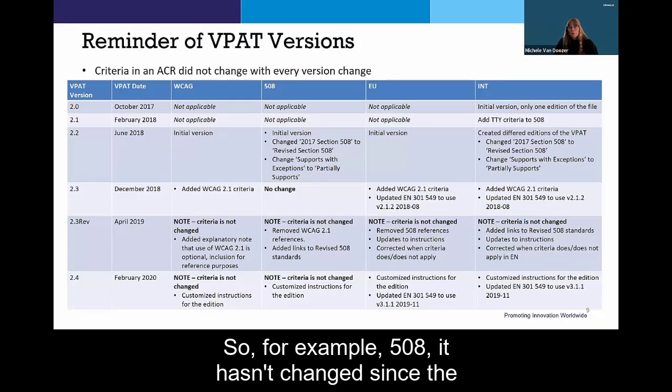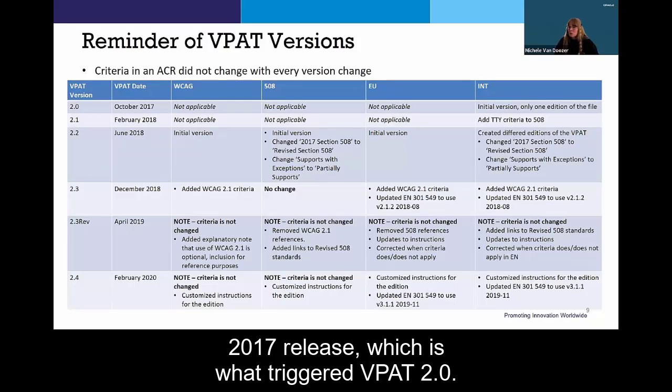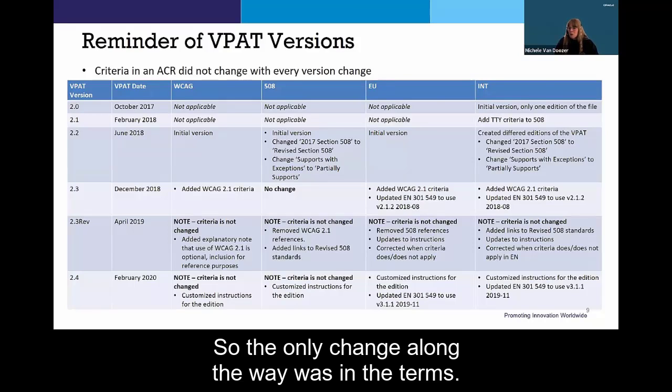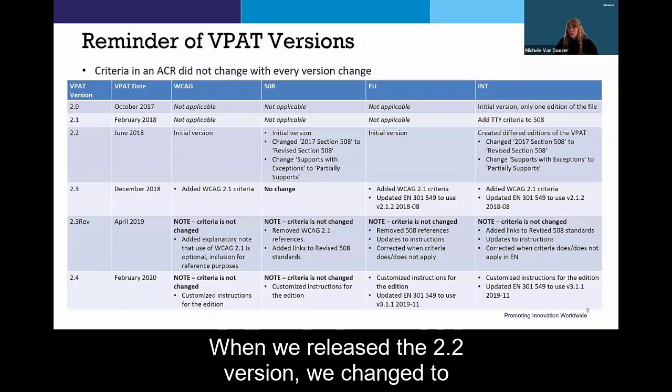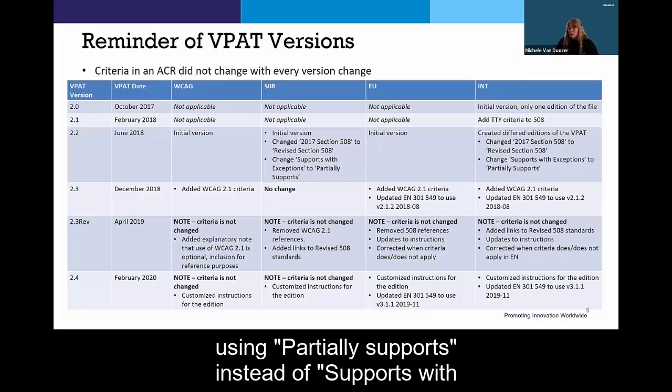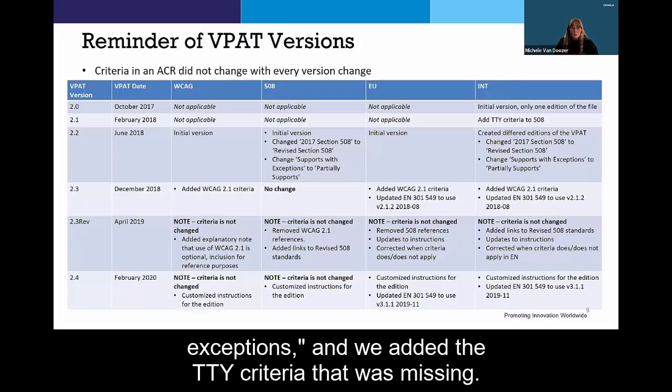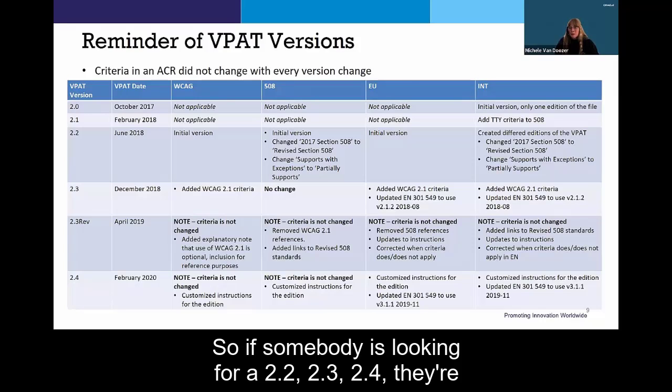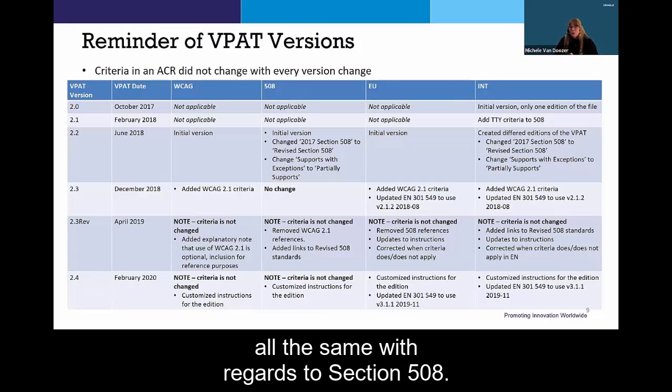For example, 508 hasn't changed since the 2017 release, which is what triggered VPAT 2.0. The only change along the way was in the terms. When we released the 2.2 version, we changed to using partially supports instead of supports with exceptions, and we added the TTY criteria that was missing. So if somebody is looking for a 2.2, 2.3, 2.4, they're all the same with regards to Section 508.